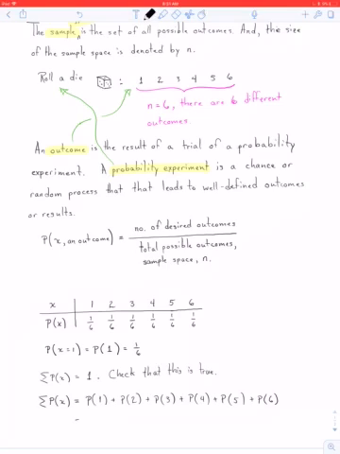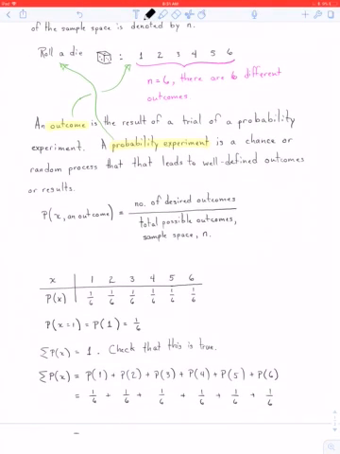And we know that the probability of each one of those is 1/6, so 1/6 plus 1/6 plus 1/6 plus 1/6 plus 1/6 plus 1/6.